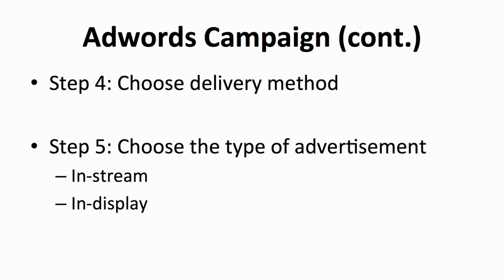On the other hand, if you choose the in-display video, it includes an image and some text. This video will show differently depending on where on YouTube it appears, either in the search results page, YouTube-related videos, as a YouTube overlay, or on partner websites. You only pay when someone clicks on it.